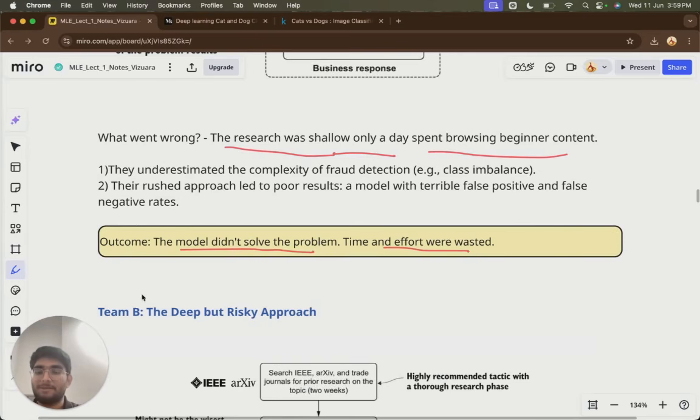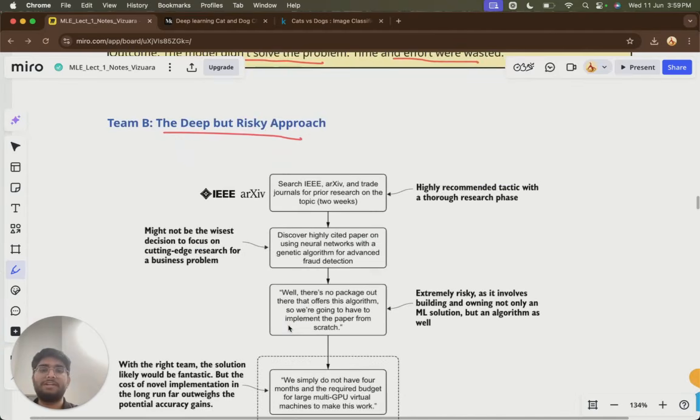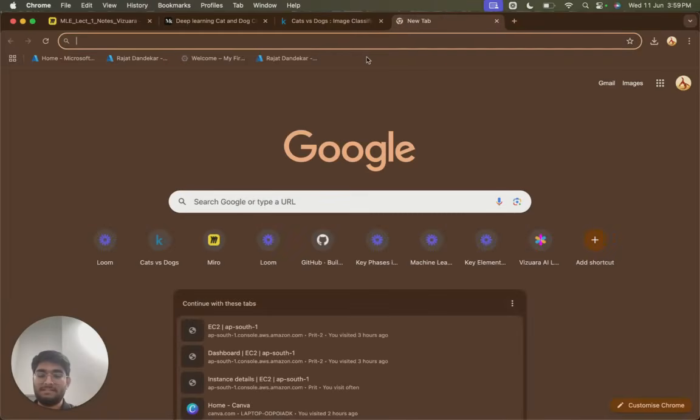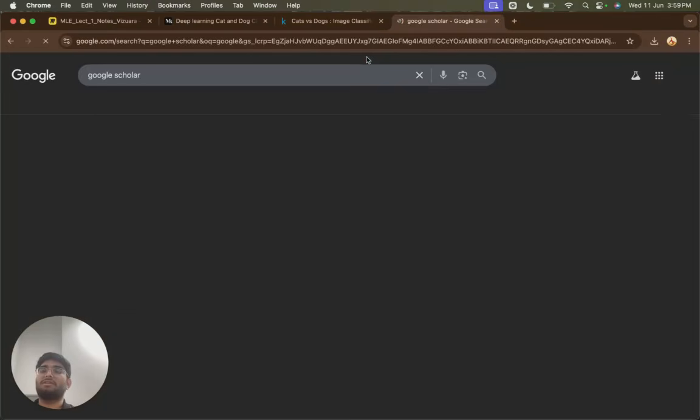Let's take team B's approach, that is the deep but risky approach. What they do is they search IEEE archives and journals, and then they take a highly cited paper. Let's try to do it. Let's open Google Scholar.